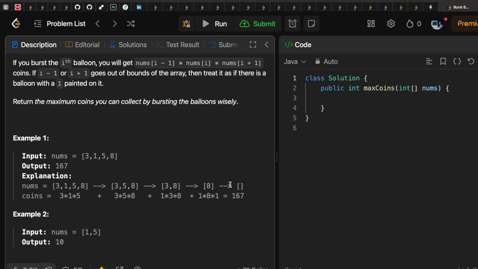So how can we solve this problem? Suppose we burst this balloon 1 initially.